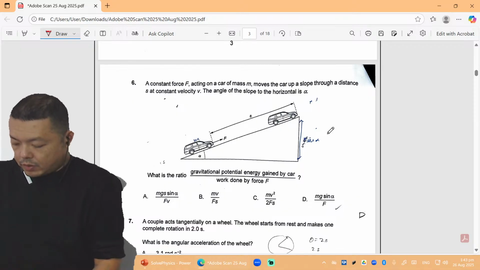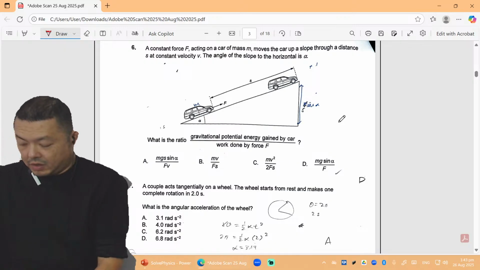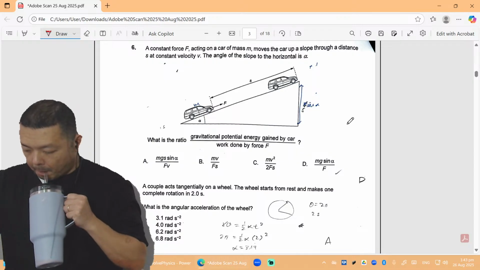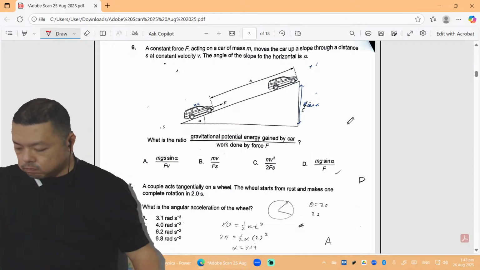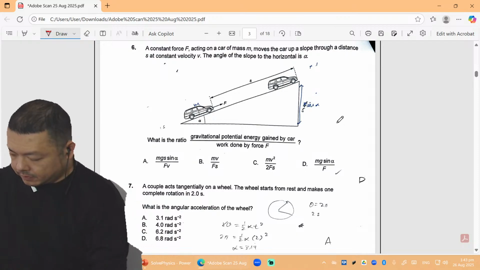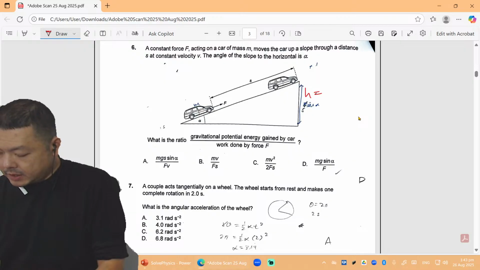What's the ratio of GPE gained by the car over work done by the force? Wow, these are tricky questions, huh? So H, right? H is S sine alpha.